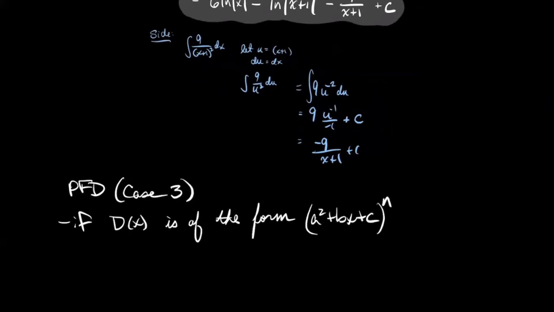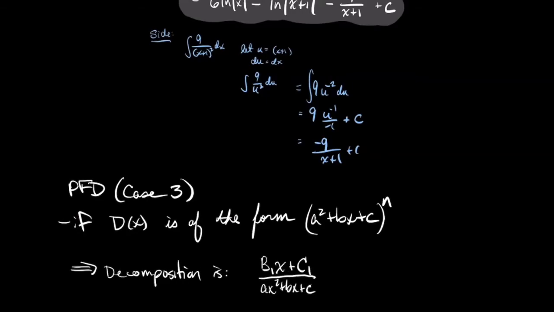And if that is the case, then the decomposition is going to be, so instead of just an a on top, we would actually have b1x plus c1 over the polynomial. And we would have that up to the degree.